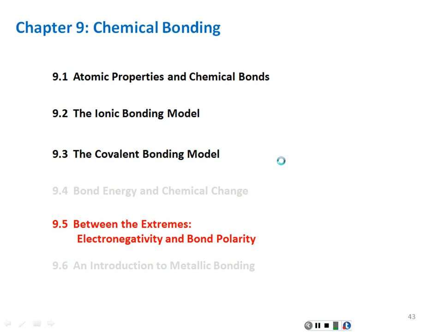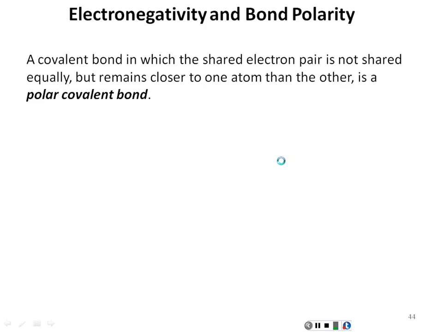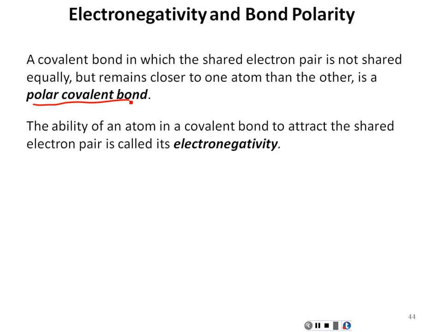But moving on to 9.5. A covalent bond in which the shared electron pair is not shared equally, but remains closer to one atom than the other, is called a polar covalent bond. The ability of an atom in a covalent bond to attract the shared pair is called electronegativity, and this is an important term.